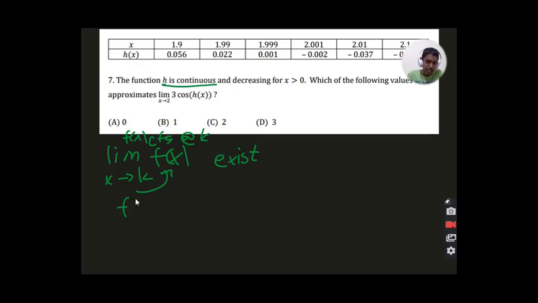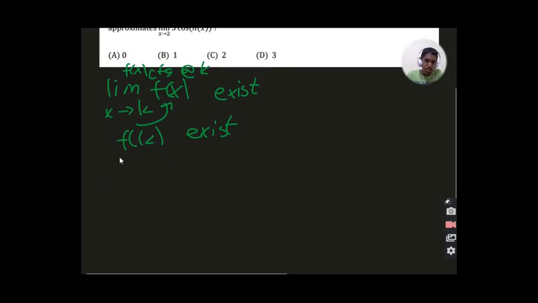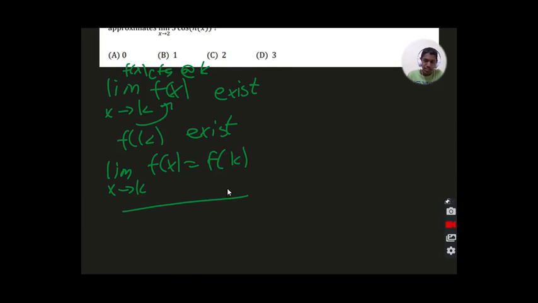And then f of k also has to exist. It has to be some sort of finite value. And the other probably big thing is that the limit and the value have to be the same thing.